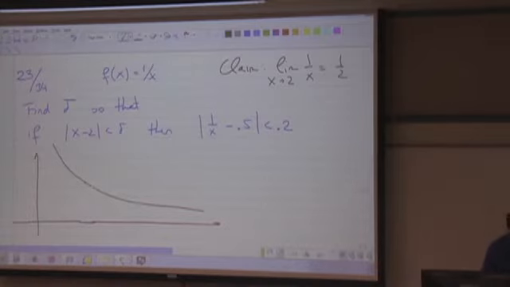So let's see. If this is 1, this is 2. This would be 1/2. Actually, let me write it as 0.5.